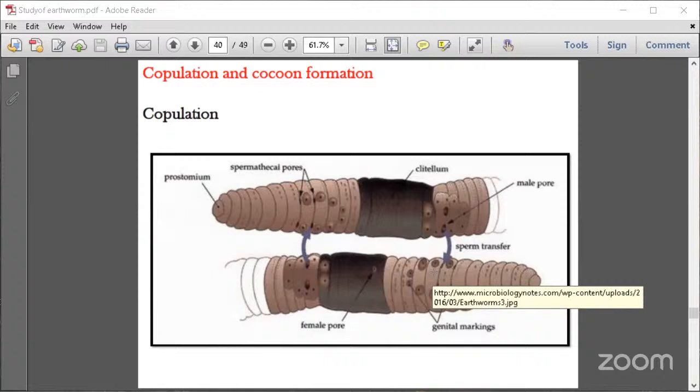When it passes the spermathecal pores, it receives sperm. Finally, the girdle is thrown off from the anterior end, and soon the elasticity of its wall closes up the two ends to form a cocoon, or ootheca.